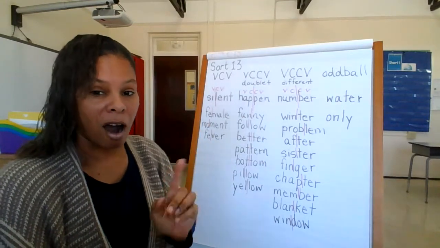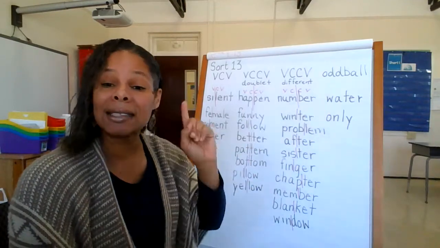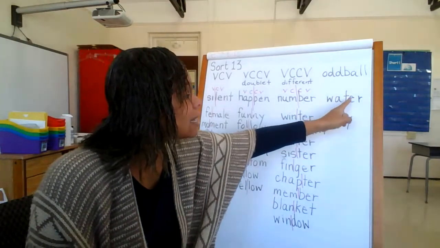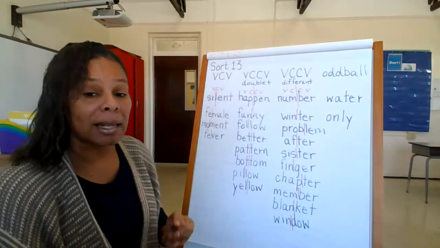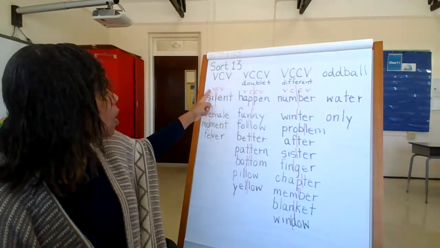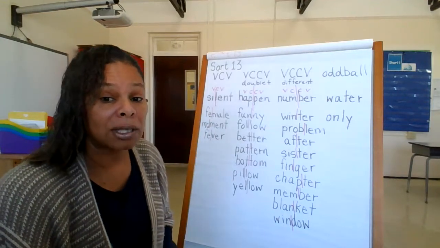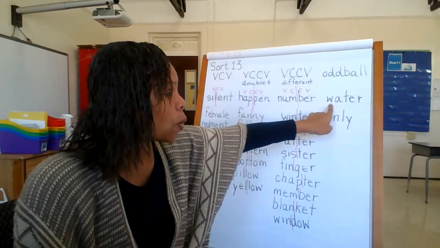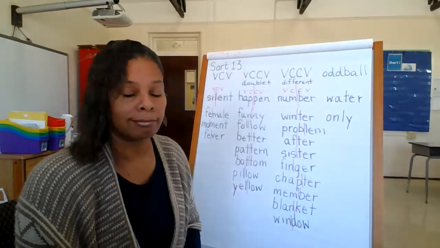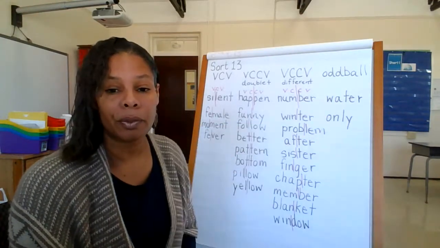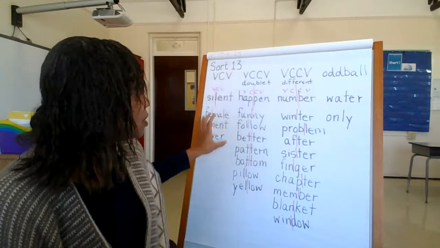Okay? All right, so this first word, yes, it definitely does have a VCV pattern, but I told you that for today, all of these first syllables should make a long vowel sound. Is this word waiter? What's this word? Water. So it doesn't follow these rules.